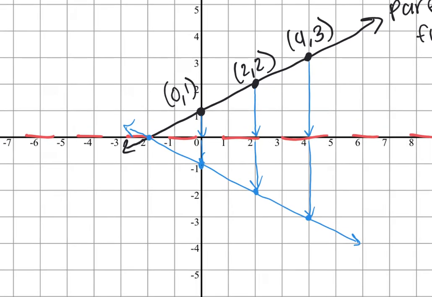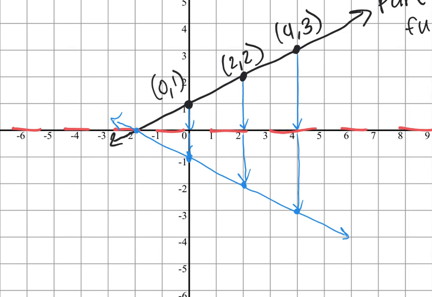Now, let's figure out what the coordinates are and see if you notice the pattern. So 0, 1 became what? What's the new point? 0, -1. What was the second point? 2, -2.